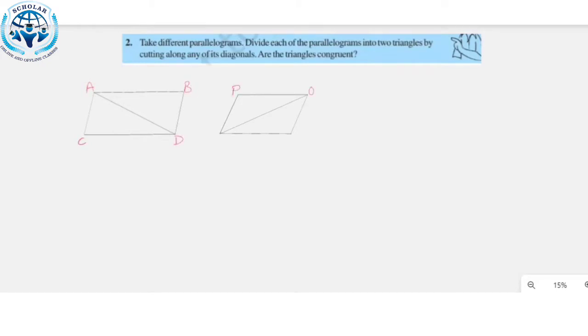Let's name the parallelogram ABCD. The second parallelogram is PQRS. Now let's find out if the triangles are congruent. The triangle ABD and triangle ACD in the first parallelogram.